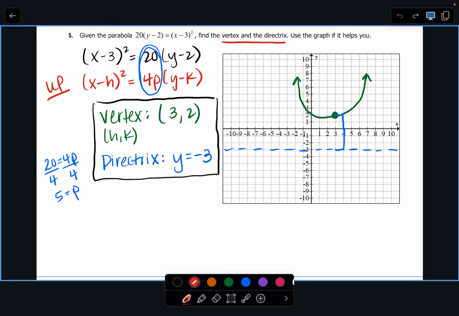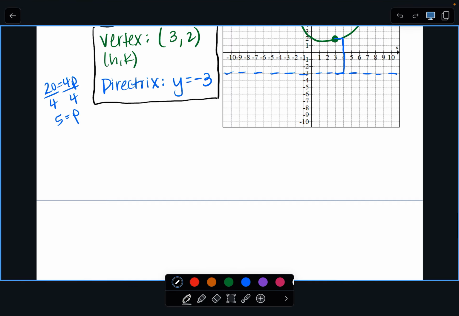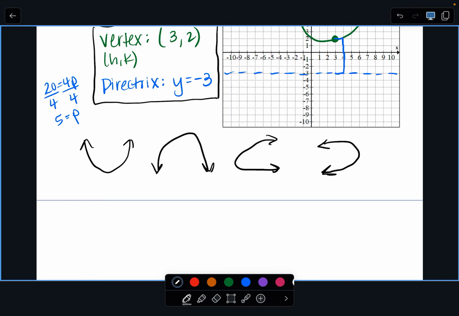If it's upwards or downwards, here, we'll draw a quick picture on the bottom of your paper: upwards, downwards, right, left. Focus is inside. Directrix is outside.